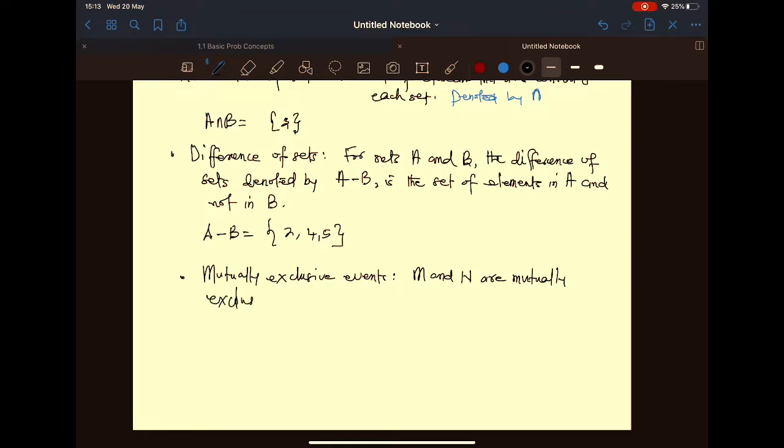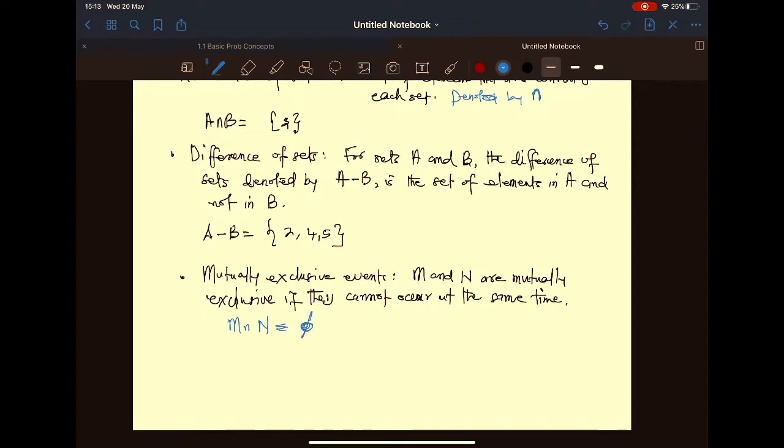Mutually exclusive events in set theory are represented this way: if we have M intersection N, then it is a null set.